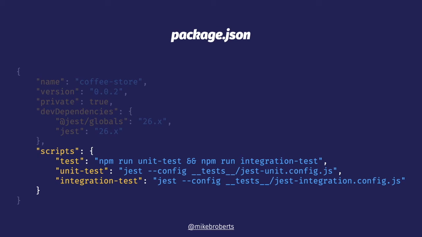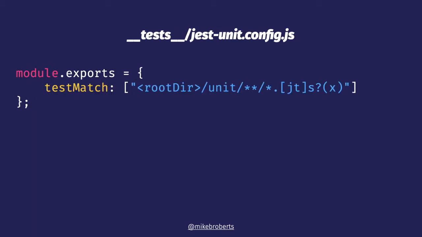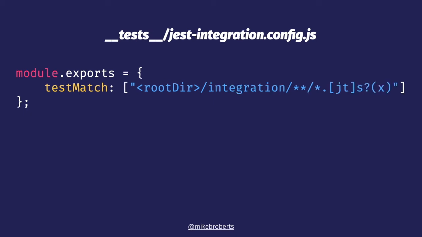These separate scripts point to different new Jest configuration files, and so we need to go and create those Jest configuration files. First is the unit tests config. What we want to do is tell Jest that when we run unit tests, we just want to run the tests in the directory named unit. The integration test configuration is almost identical, at least for now. It just points to a different directory.